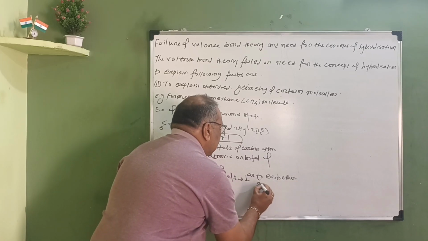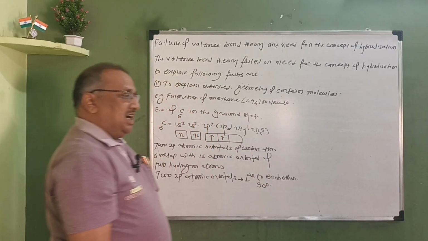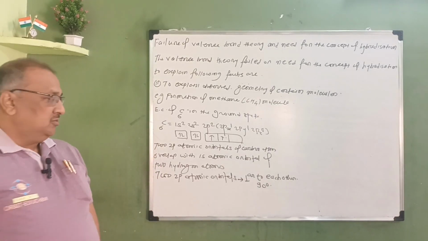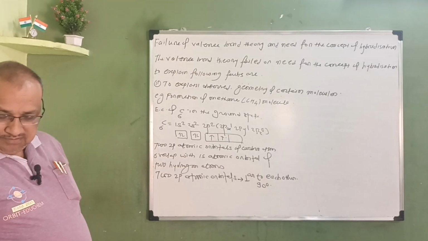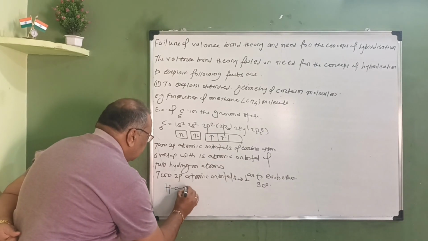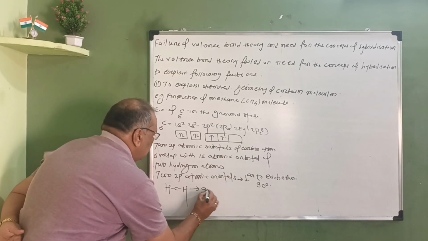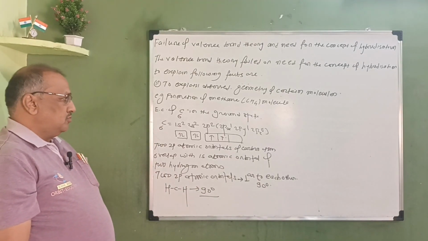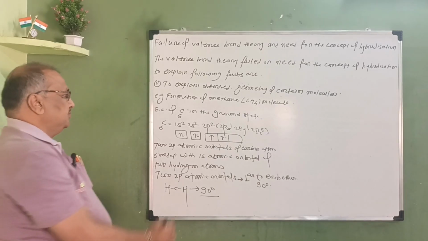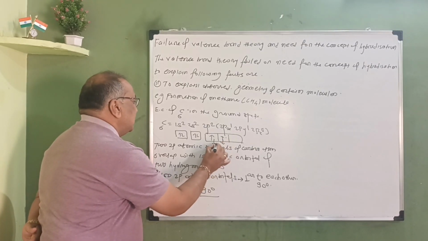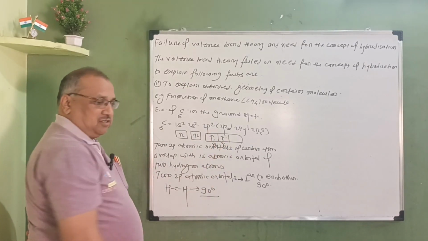That means by making an angle of 90 degrees, and hence the H-C-H bond angle is of 90 degrees. That means this one and this one, here H, here also H.